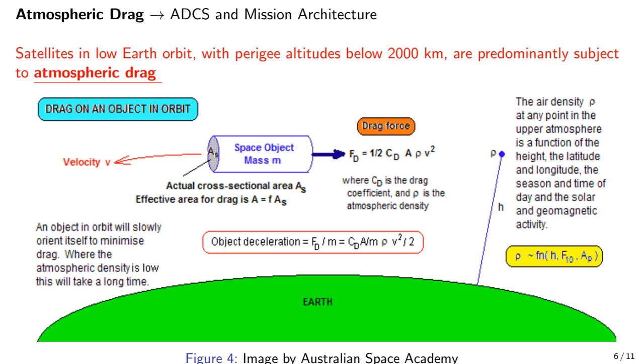Now, another effect of the atmosphere. There's something we call atmospheric drag, and this always has an effect on your ADCS and your mission architecture. There's a slide, actually, something I want you guys to see about this atmospheric drag.